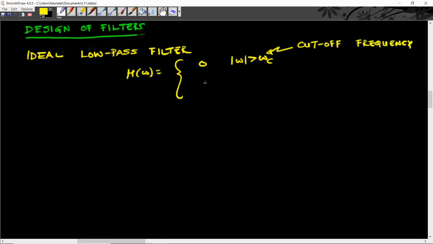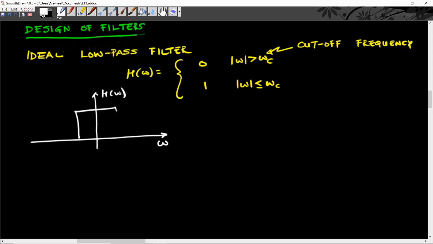And if omega lies between minus omega c and omega c, then the transfer function for an ideal low-pass filter takes on a value of 1. That means the transfer function of an ideal low-pass filter looks something like this.